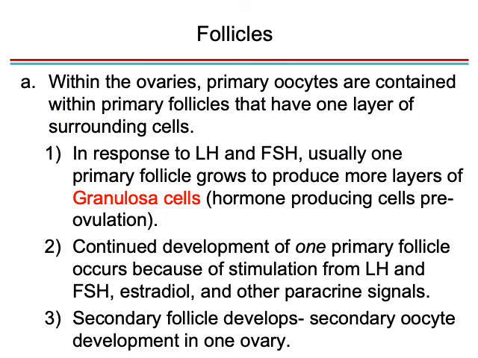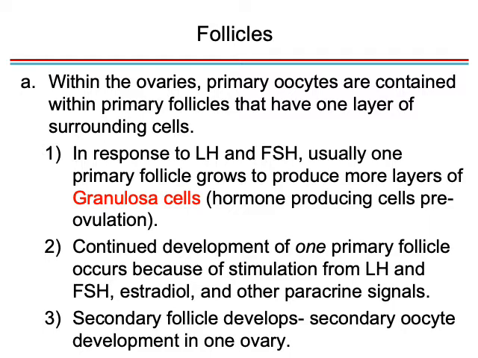Okay, so within the ovary, these primary oocytes are within the periphery of each ovary. A couple of a month or so prior to their development, one primary follicle starts to produce and develop into what is known as the secondary follicle.